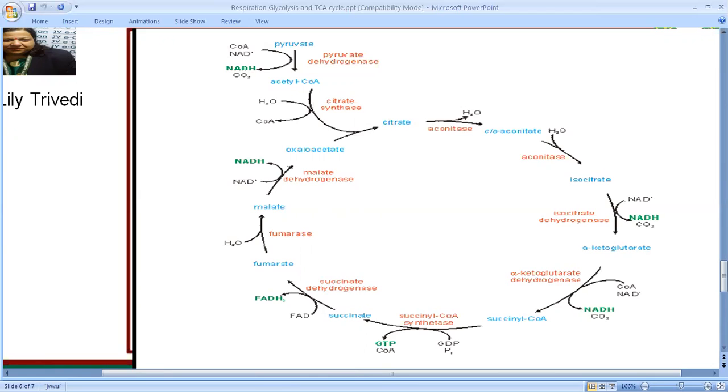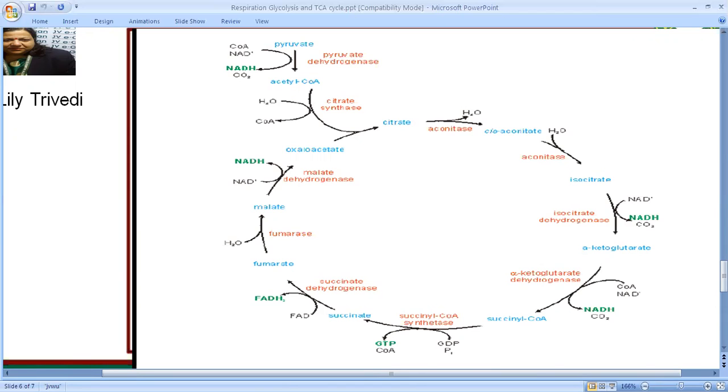The cis-aconitic acid reacts with one molecule of water to form isocitric acid. Now what is the enzyme?